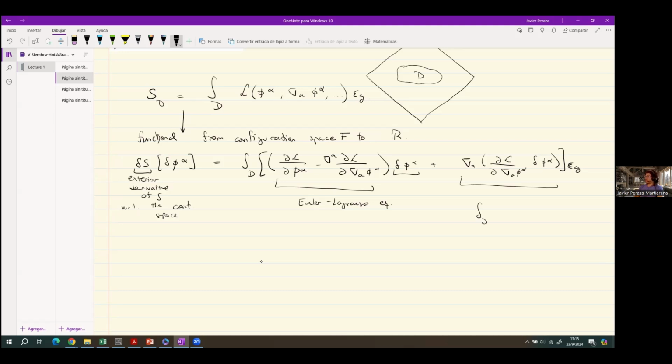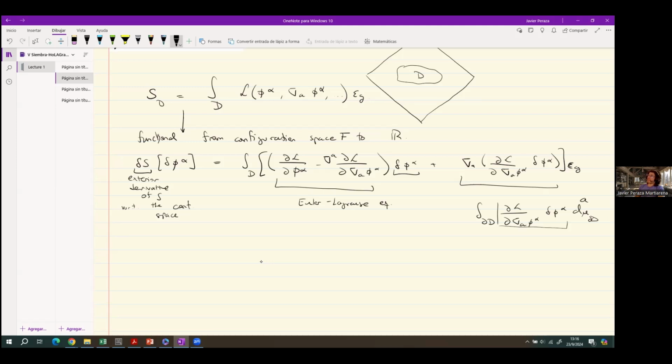So this corresponds to the integral over the boundary of D of this guy, and here we have the volume form associated with the boundary. So this thing has to be 0 in order for us to obtain the Euler-Lagrange equations.